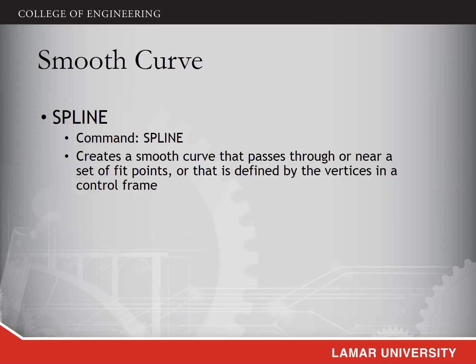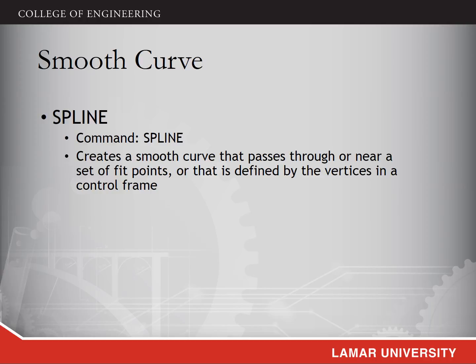If you want to generate a smooth curve in AutoCAD, you can use the command spline. As we mentioned earlier, we can actually convert a polyline into a smooth curve with the option spline. Here, with the command of spline, we are able to create a smooth curve that will pass through or near a set of fit points, or that is defined by the vertices in the control frame.